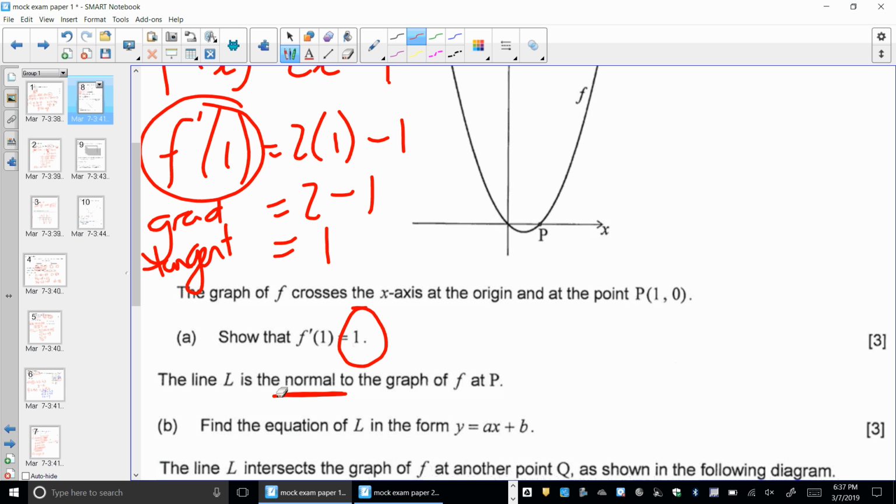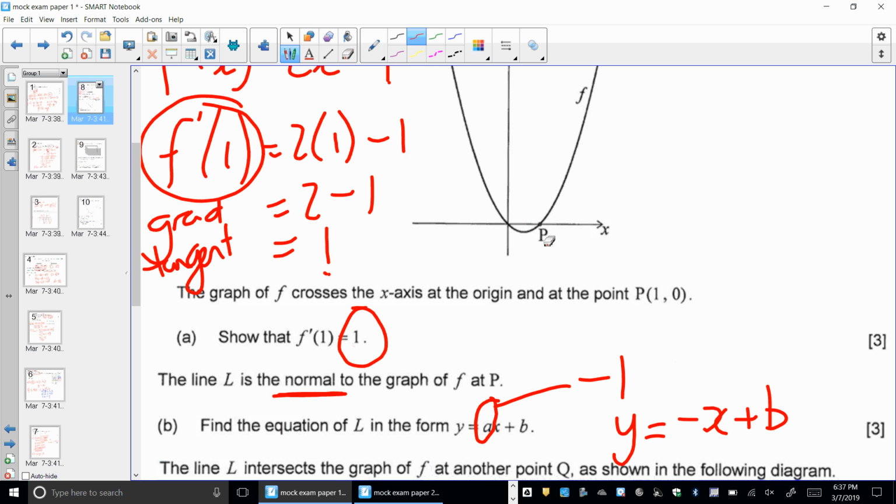We know that tangents and normals are perpendicular to each other, which means that our gradients multiply to give -1, so they are negative reciprocals. This means that the value a for our question has to be -1, because that's the negative reciprocal of 1. So our equation starts off with y equals -x plus b. I'm using the same letters as they've got here.